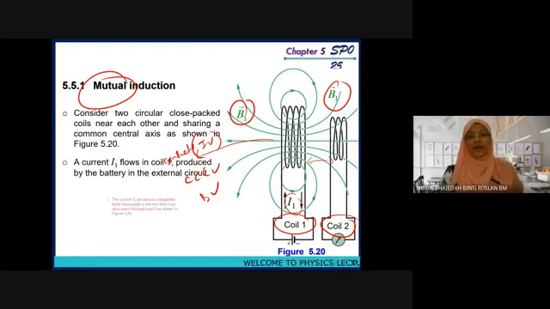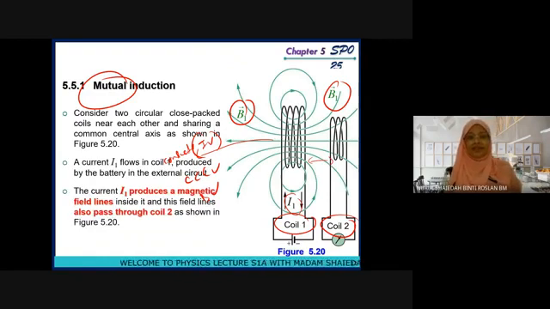Okay. So what happened here? B here initially is 0. But since dia rasa the B from the coil 1, so B here will be increasing. Okay. The current I produces magnetic field lines. So inside it, this field line also passes through coil 2.